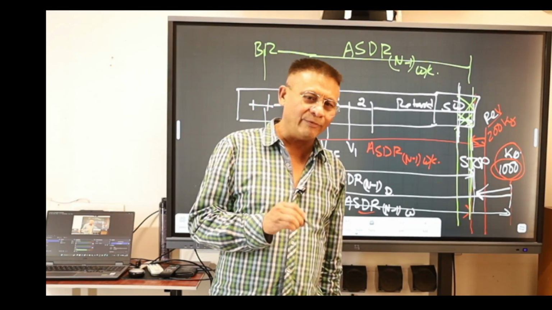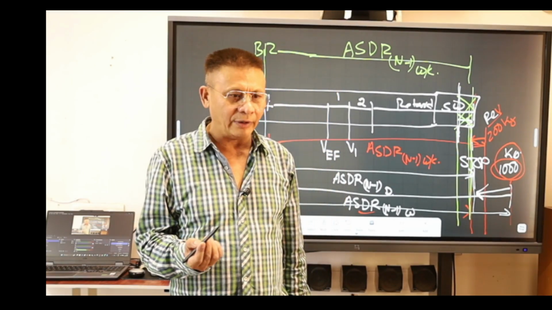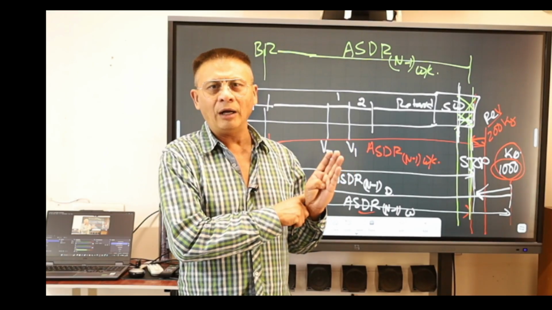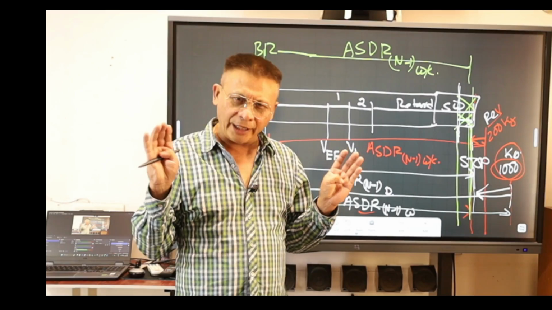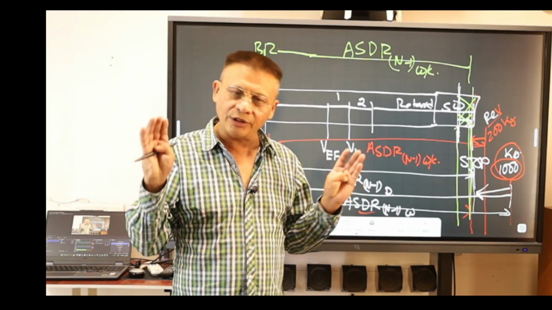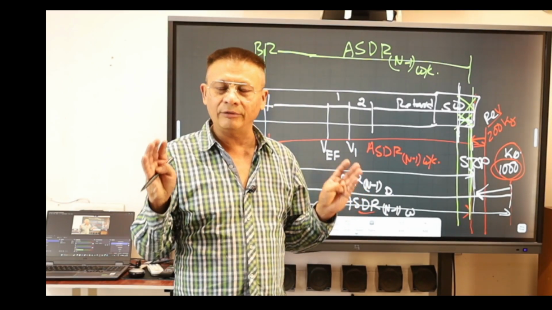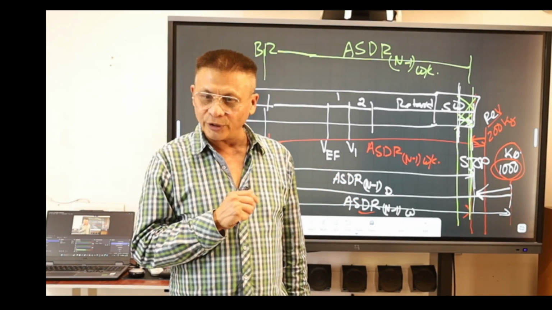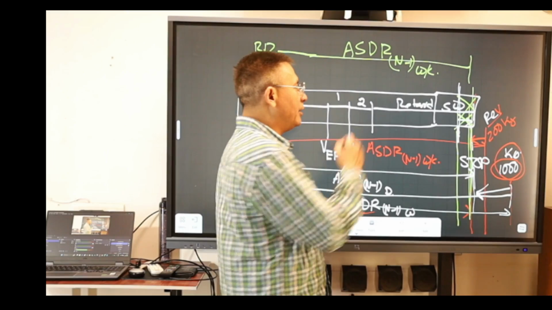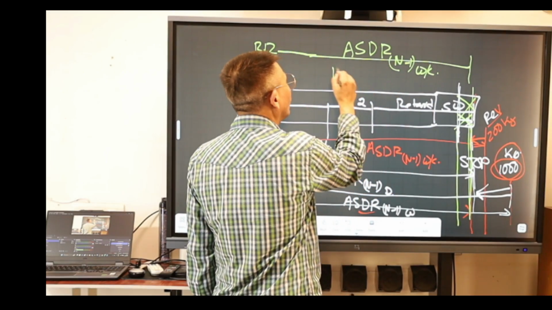So therefore, if you are calculating manually, I need to calculate the weight on a dry runway, considering the ASDR, and the weight on a wet or contaminated runway, considering the acceleration stop distance required, and go by the lower of the two figures. This process is again known as a dry check.